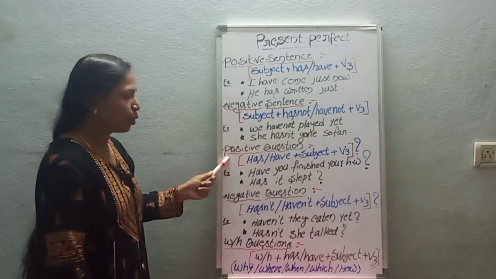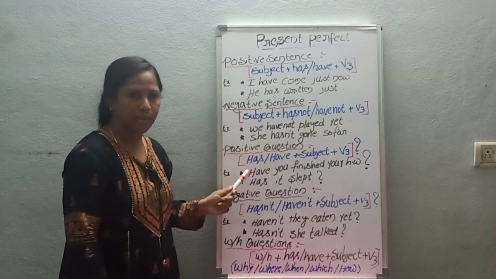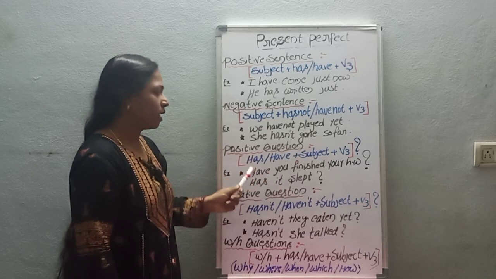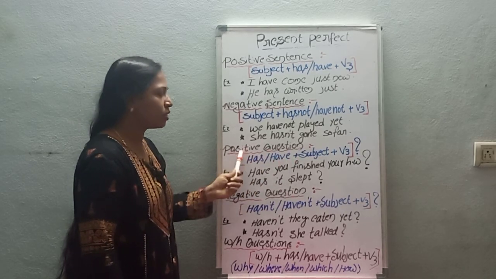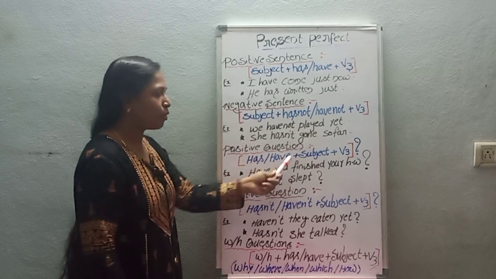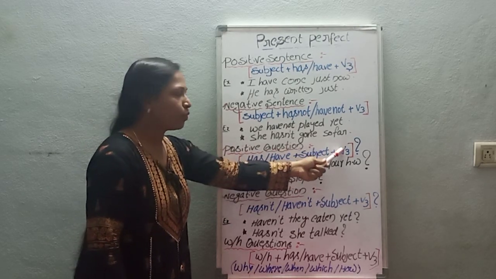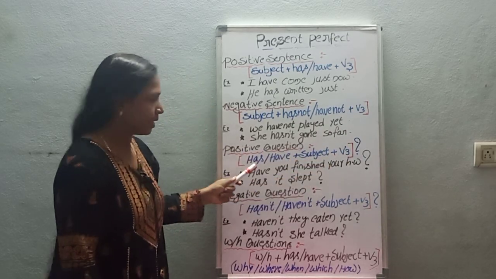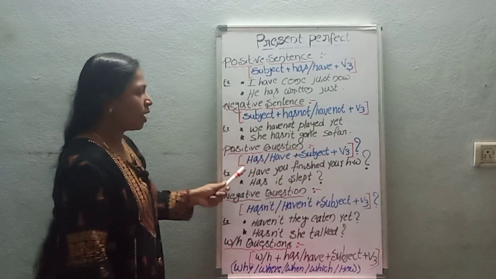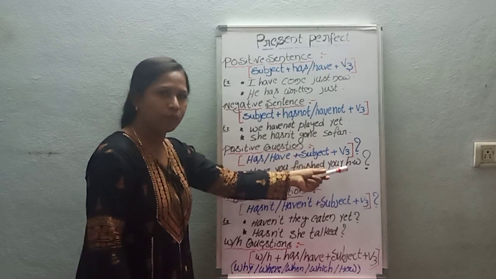In a positive question, the question starts with the helping verb and the subject. The helping verbs are has or have, because it is a positive question. Has or have plus subject and the third form of the verb, and there is a question mark at the end of the sentence. The examples are: have you finished your homework?